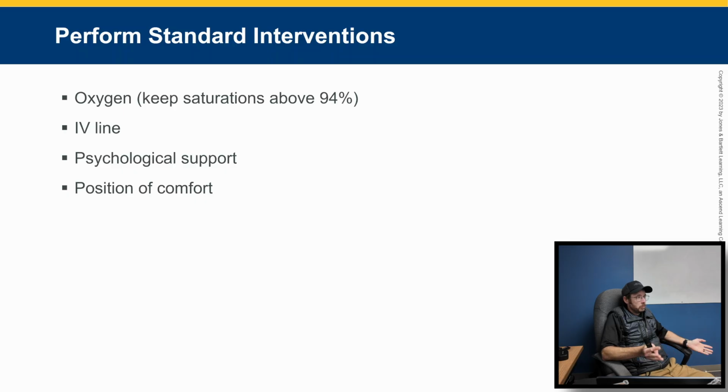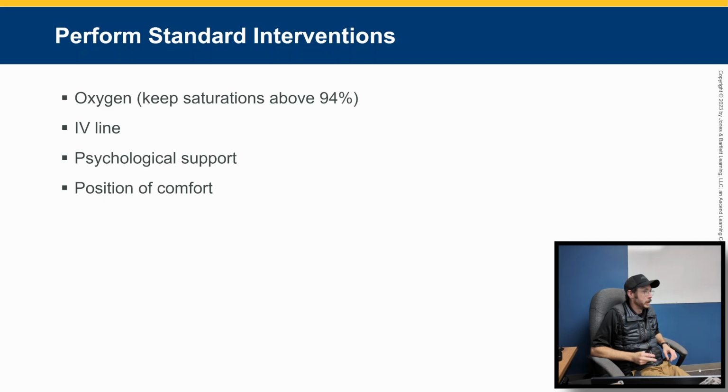So somewhere around 97 to 99 is going to be your target level for absolute best optimization. But we want to keep it above 94. IV. So does every patient need an IV? No, they don't.